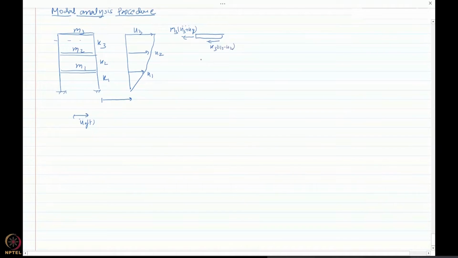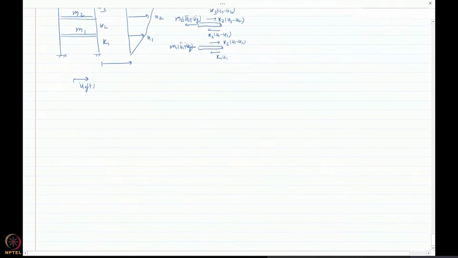For the second floor, I have equal and opposite force on this, so K3 (u3 minus u2), pseudo force M2 (u2 plus u_g) opposite to the direction of motion, and then K2 (u2 minus u1). Similarly, for the first floor, I have M1 (u1 plus u_g), and then equal and opposite force here, K2 (u2 minus u1), and then K1 u1 here.